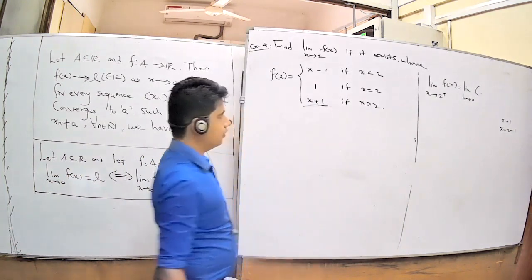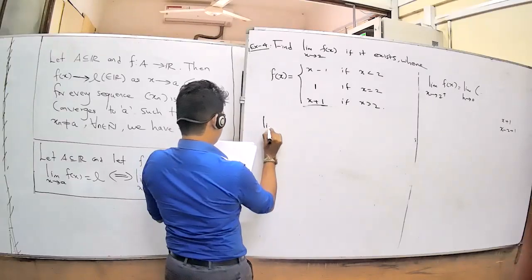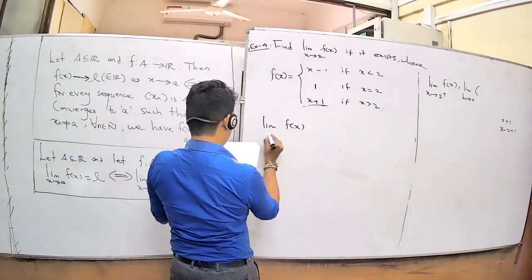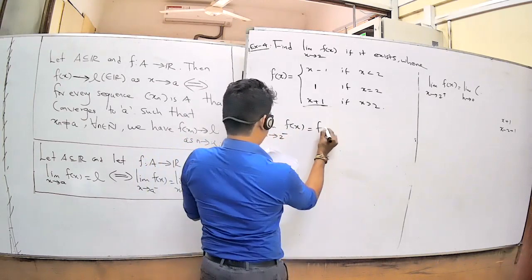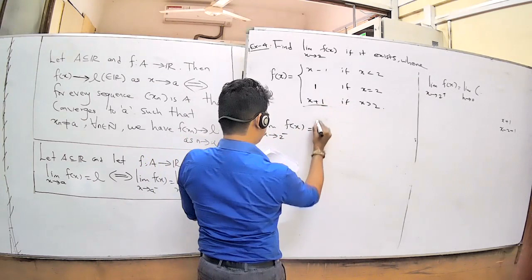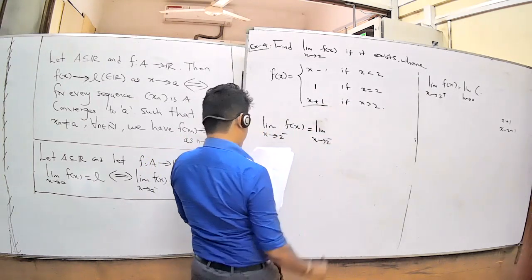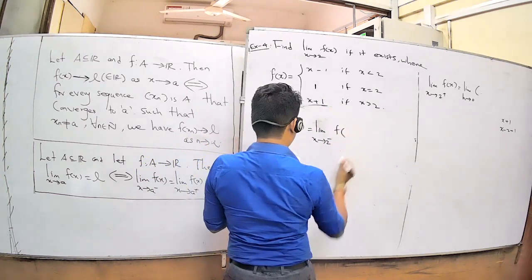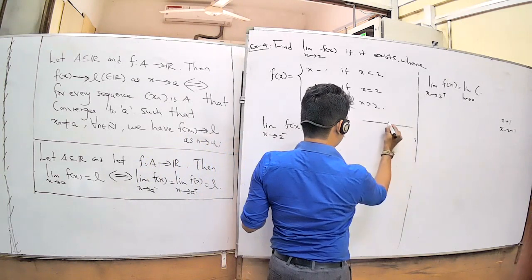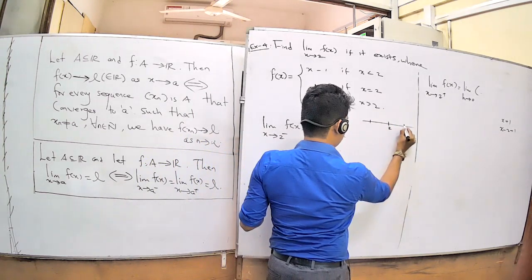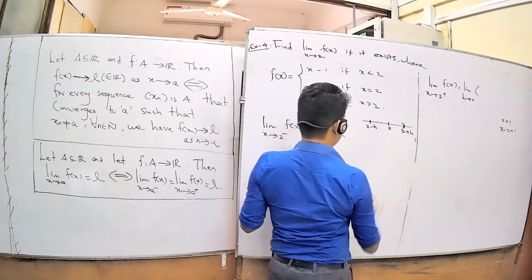For this part, limit of f of x as x tends to 2 minus, okay, this one. You can write limit of f of, here you already know that I already mentioned in this line, 2 plus h, 2 minus h.